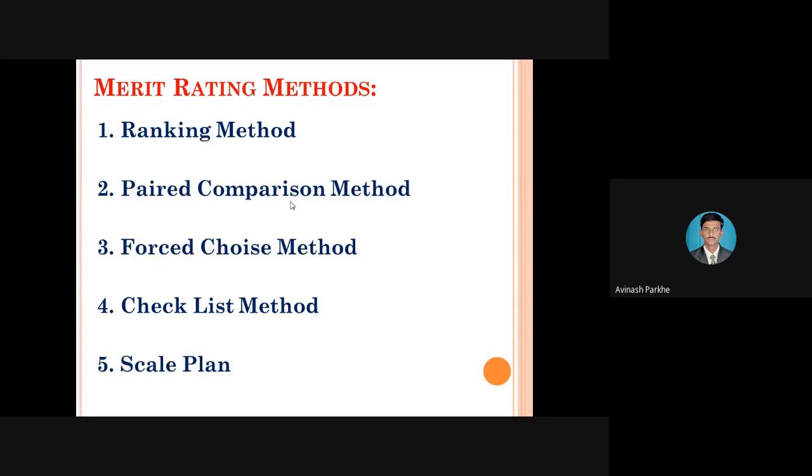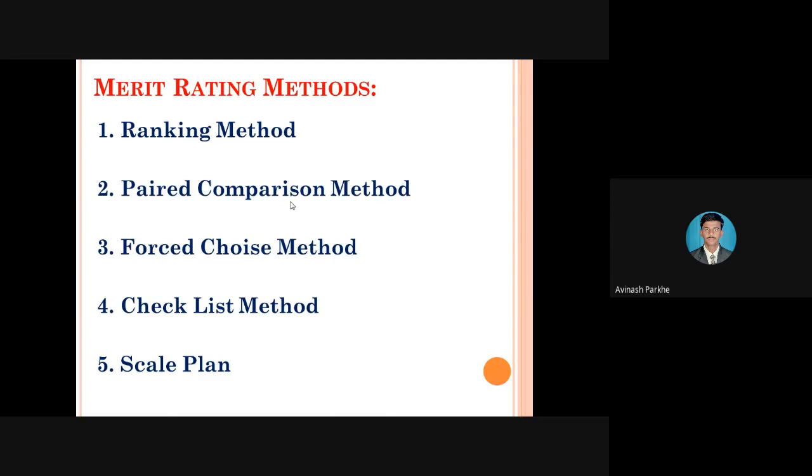For that purpose, some standard statements are defined by the industry, or maybe a one-page write-up is given to you, and the supervisor writes the name of the operator, their department, and all their information. At the bottom, some standard questionnaires are given. Based on those questions and the performance, he can directly tick mark.